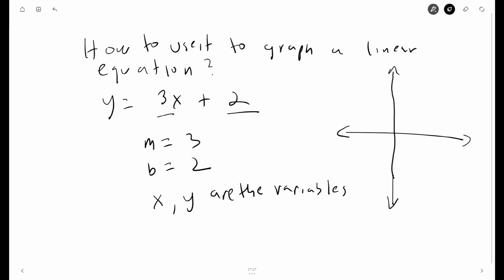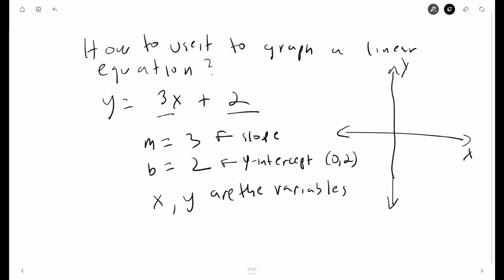The y-intercept is this one, b. And this is the slope, m. Basically the y-intercept comes as 0, because this is where the line touches the y-axis. Okay, so we're going to plot 0, 2 first.